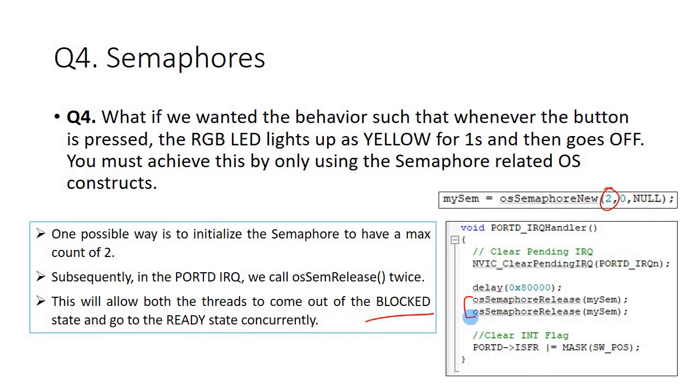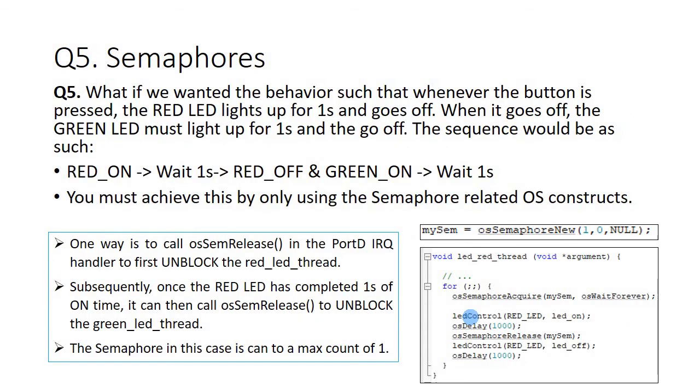So that is how I can achieve the objective of one button press making 2 threads get unblocked at the same time. For question 5, what I wanted was a sequence: red first, and after red finishes and goes off, then the green must light up. In this situation I change my max count back to 1. Whenever a button is pressed, the red LED thread will get the semaphore, and once the red LED has been on for 1 second, I release the semaphore and then turn off the LED. Releasing this semaphore will trigger the green LED thread to be unblocked.